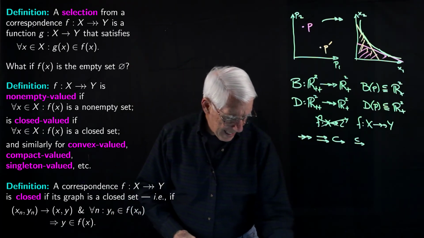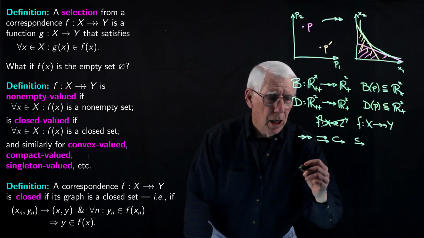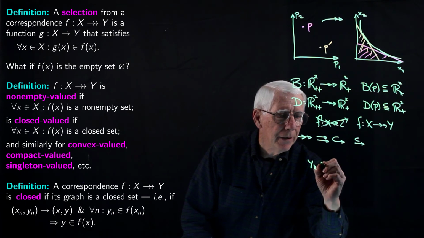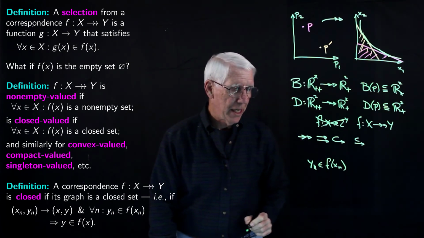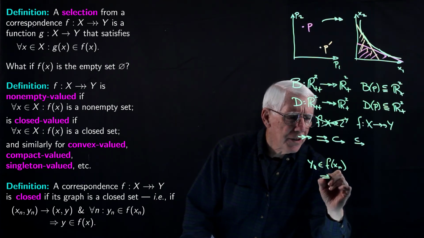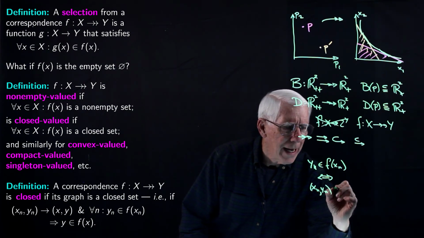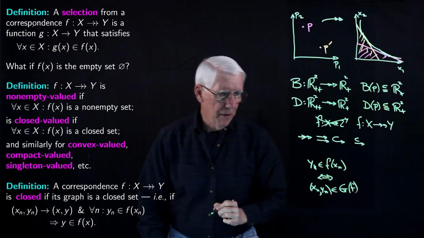is actually exactly the same as another statement that is a little more transparent here. So we have yn is an element of f of xn. That's exactly the same statement as the ordered pair xn, yn is an element of the graph of f.